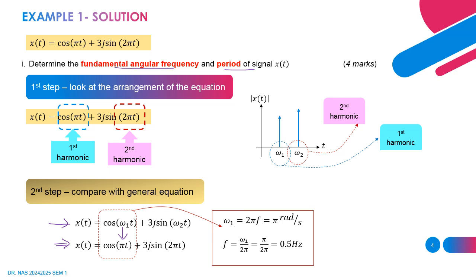So ω1 equals 2πf in hertz, equal to π radian per second. If the question asks you for f, the frequency in hertz, you can calculate f by dividing omega by 2π. Because ω equals 2πf, in this case f equals 0.5 hertz.